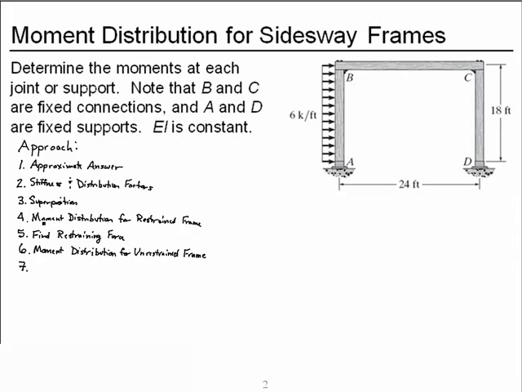Once we have results in 4 and 6, we'll be able to find the moments in the frame, that being the original frame. So we'll have to superimpose our results. Then, to ensure we have reasonable results, we'll compare with the approximation.